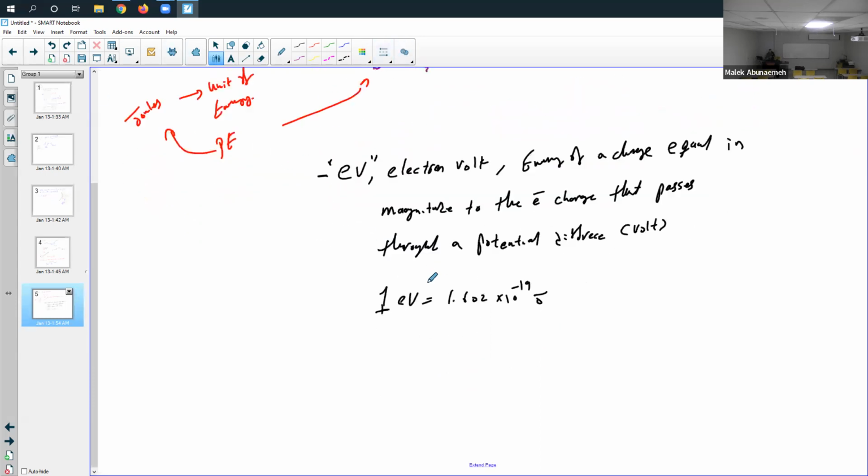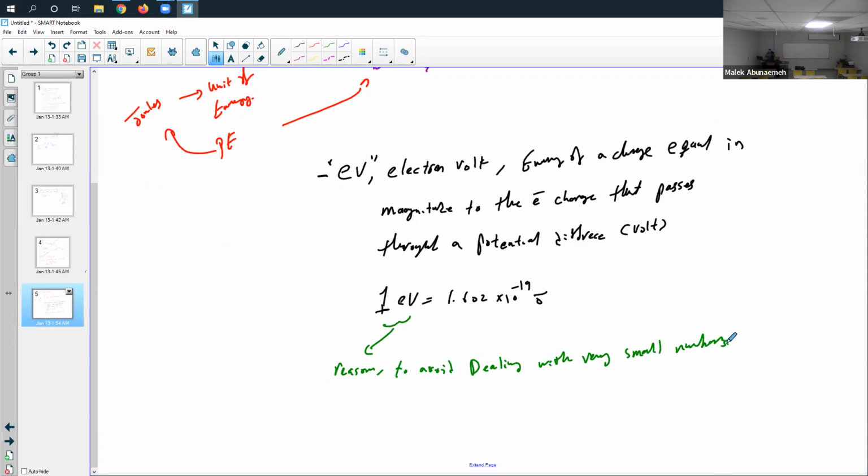So the reason we use electron volts is to avoid dealing with very small numbers.